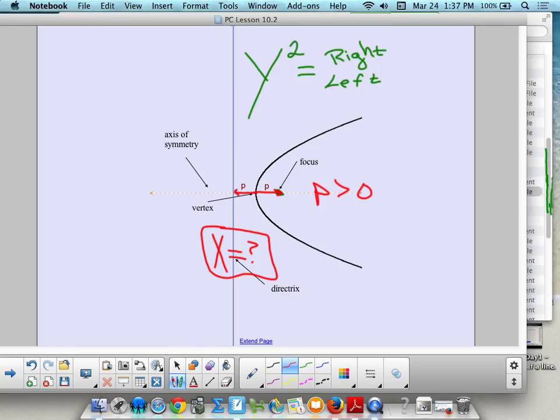So x equals question mark. The axis of symmetry, for sideways parabolas, will always be horizontal.